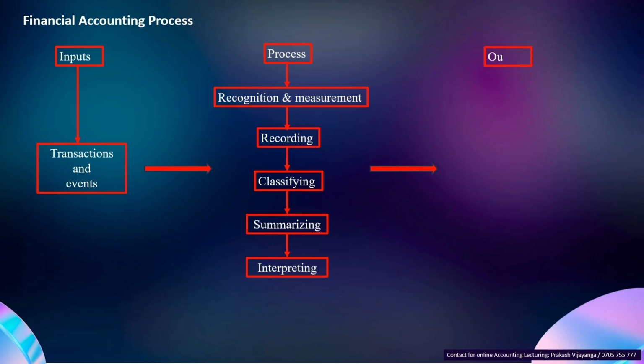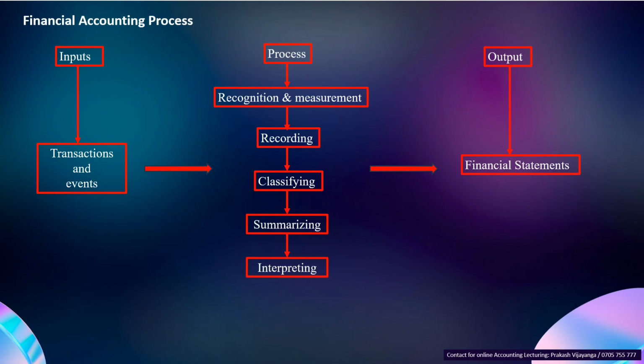Then the summarized transactions we can interpret. After passing all these organized steps, we come to the conclusion. That is the outcome of the process. So the outcome of the accounting process is financial statements.